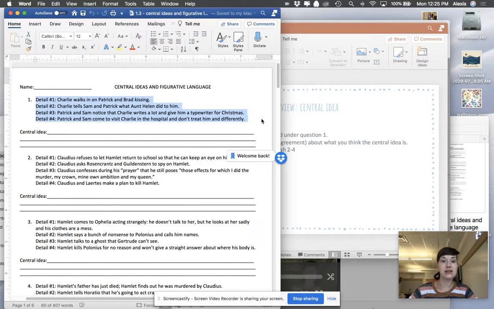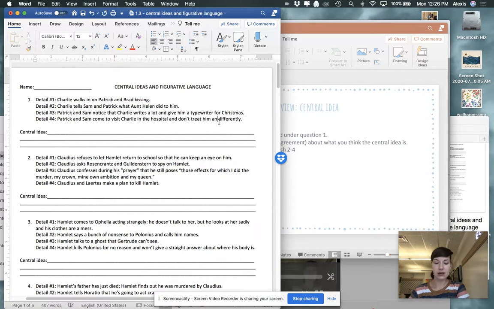Charlie tells Sam and Patrick what Aunt Helen did to him. Patrick and Sam notice that Charlie writes a lot and they give him a typewriter for Christmas. And Patrick and Sam come to visit Charlie in the hospital and don't treat him any differently. Sorry for the typo. So take a second, think about what you think that central idea might be.